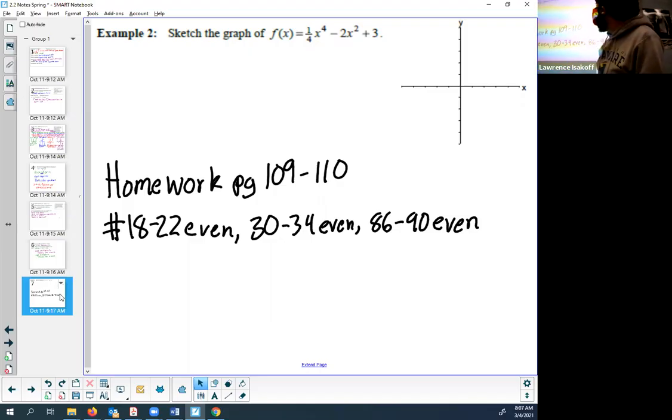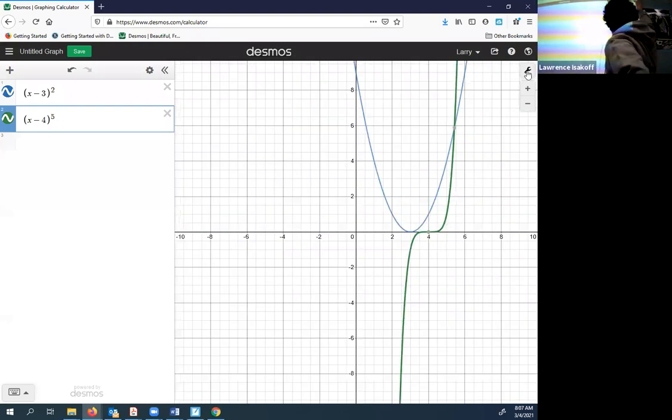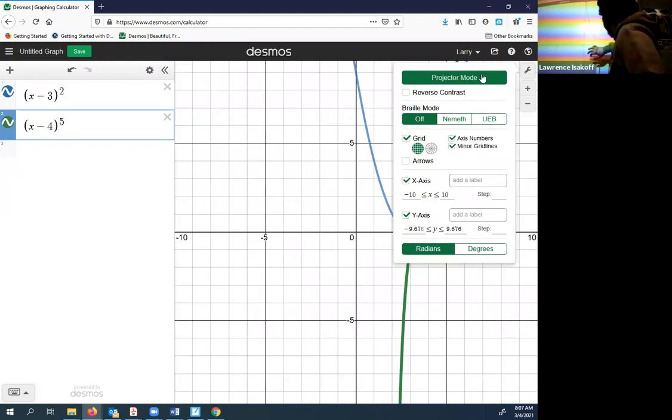So f of x equals 1/4 x to the 4th minus 2x squared plus 3. So let's hit home. I'm going to go projector mode for you guys, make it a little bolder to see.